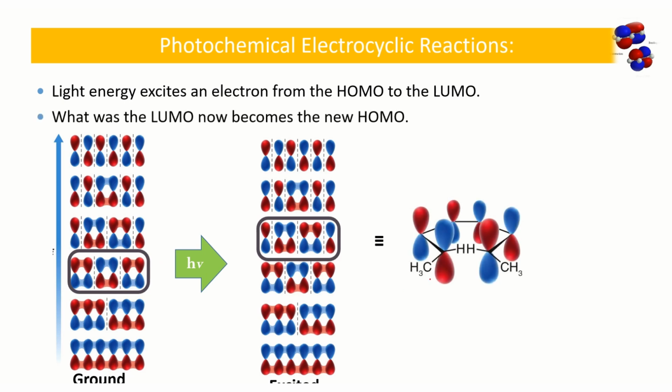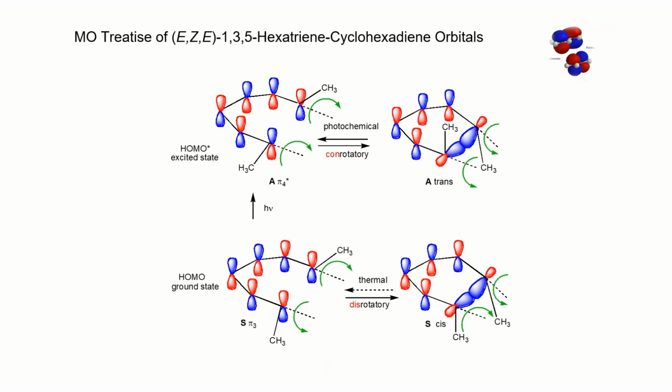Here we're looking at a species which is EZE. So it's an outie-outie. You can see that at the end here, it's asymmetric. And so the rotation that has to work for the ring closing is, of course, conrotatory.